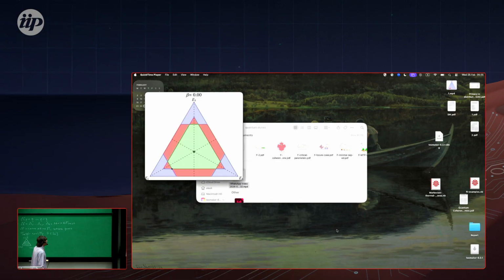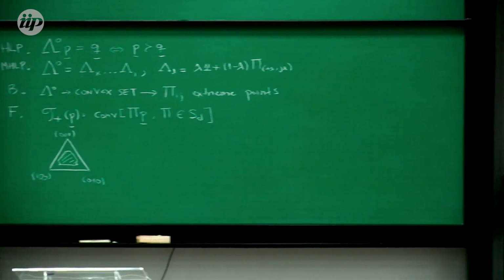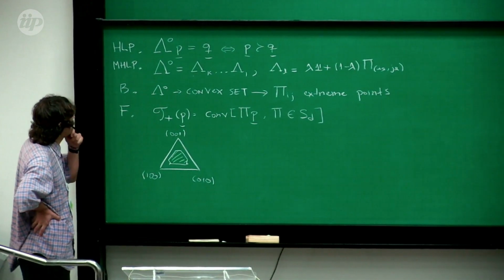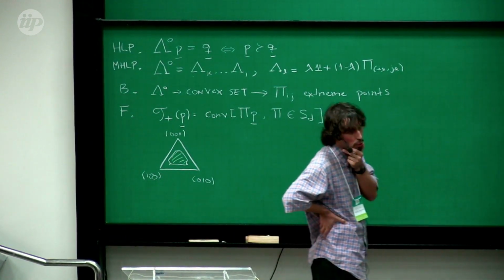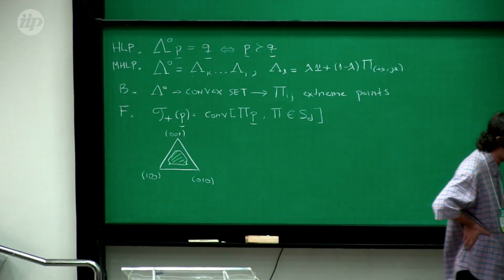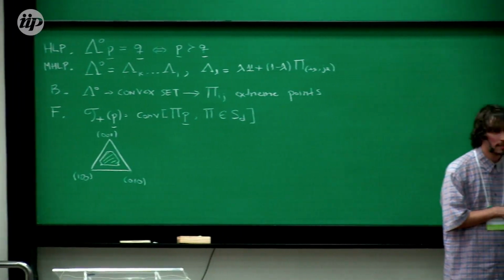So let me start with a very rough summary of what we discussed yesterday. You see that I'm still sleeping. Basically, yesterday we saw a particular solution of the problem that I posed in the first class: whether there exists a thermal operation between two different states.